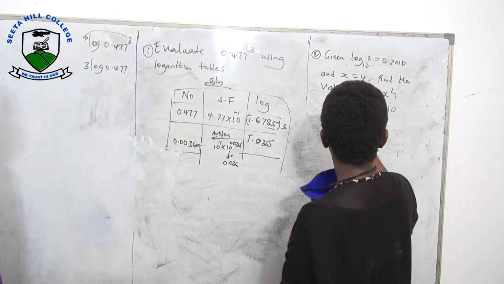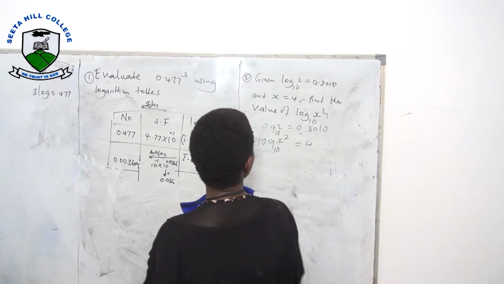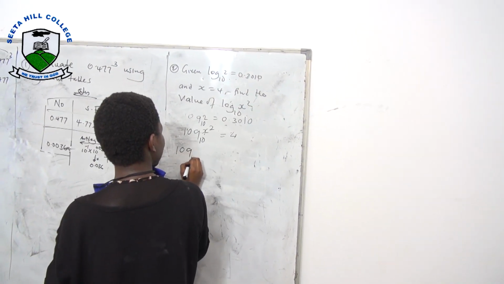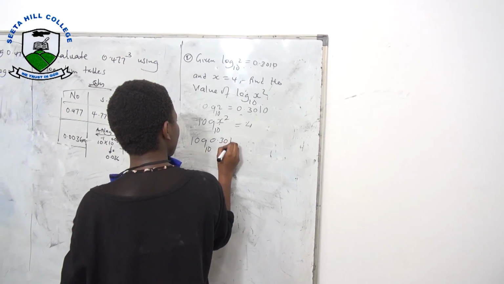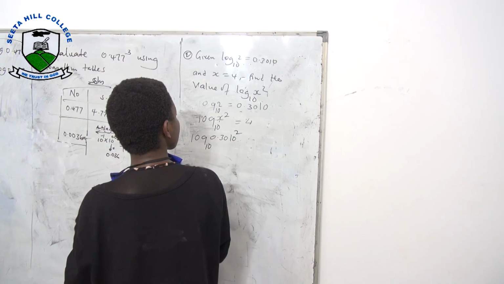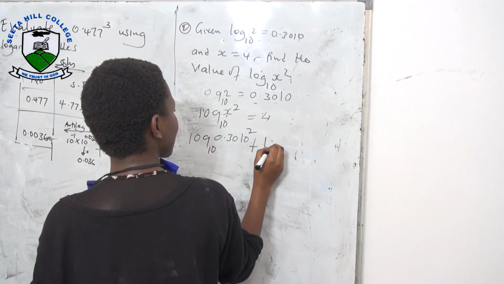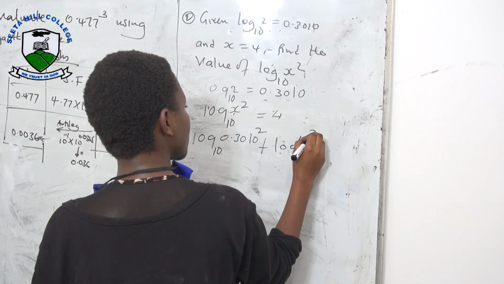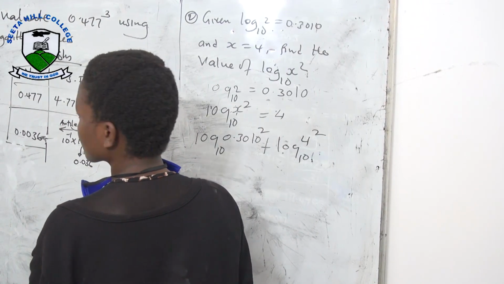Let me just say this x squared equals 4. So for me, I'll do like this. Log 10, 0.3010 squared, plus log 10, 4 squared. She would do like that.